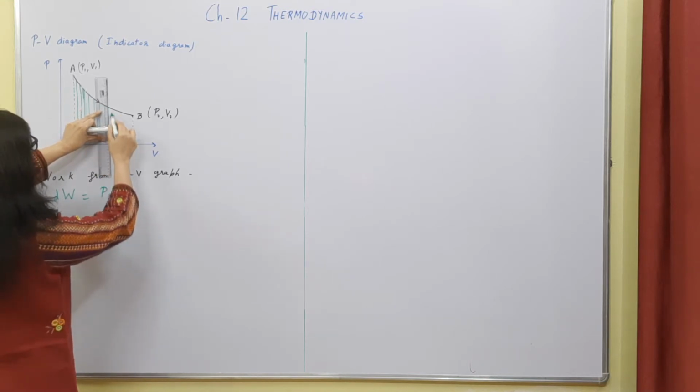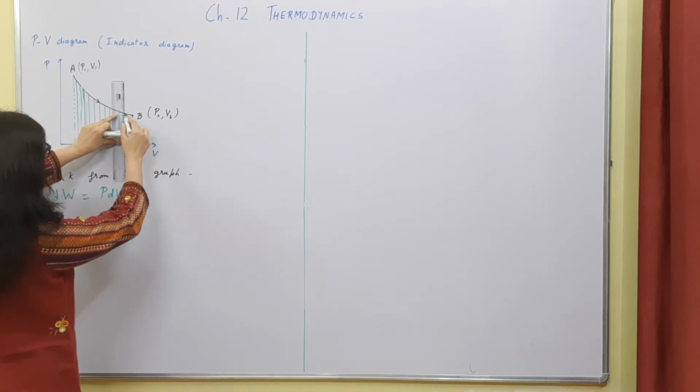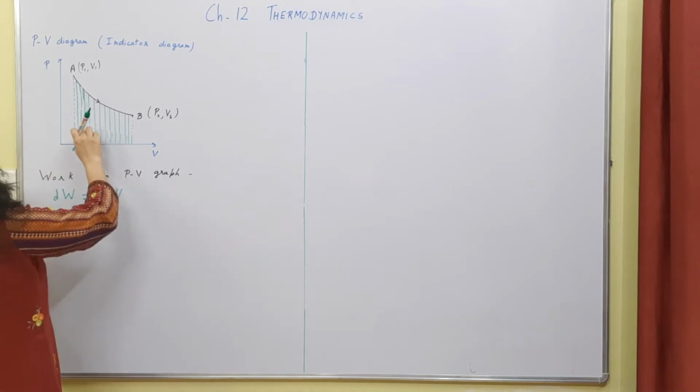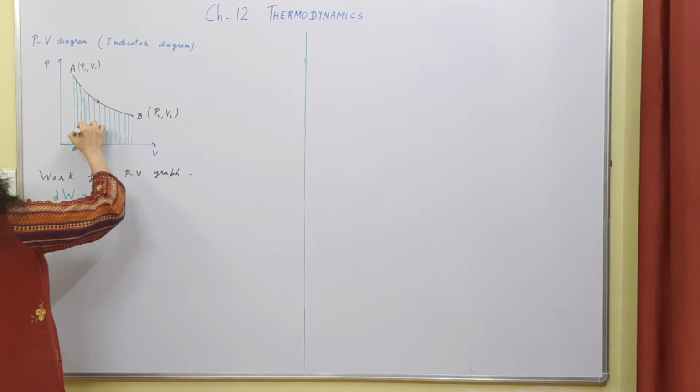If we divide this into thin strips of dV thickness, then in order to find the total work, I'll have to find the areas of these strips.